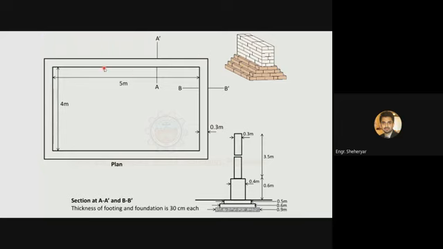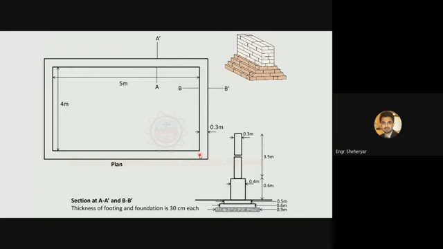Whichever wall you consider as long wall, the measurement will be from outer end to outer end. And the wall which is considered to be a short wall, the length will be measured from the inside of the wall to the other inside of the wall. So this is the basic difference between the long wall and short wall.